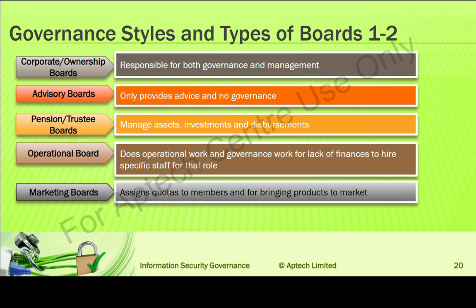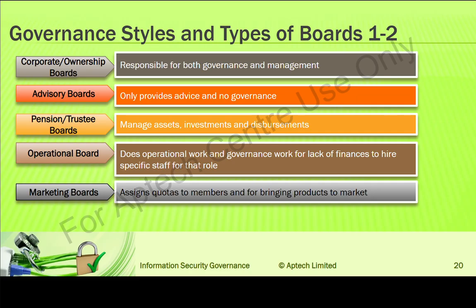We also have the pension and trustee board. This manages assets, investment, and disbursement. They manage all the organization's assets, investments, and disbursement of payments. And then we also have the operational board.